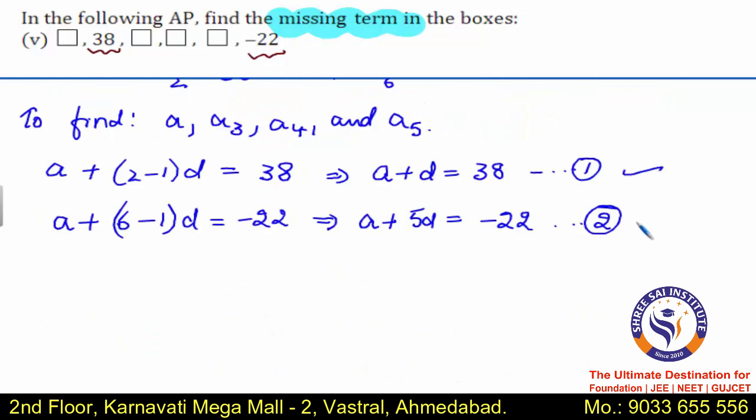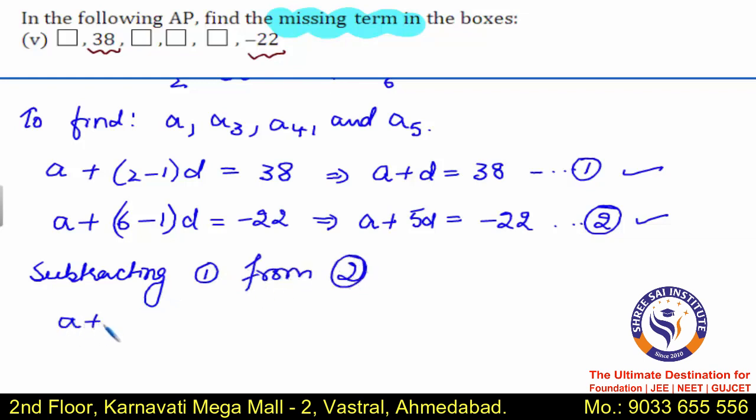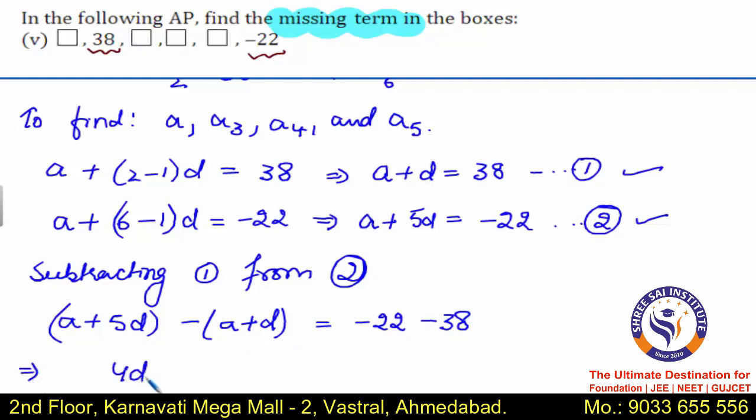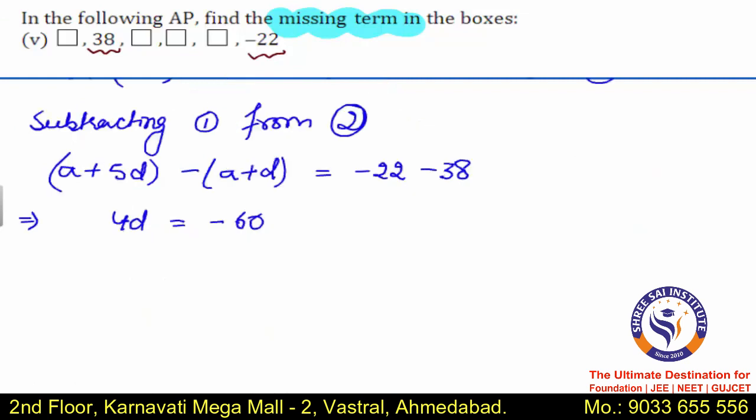Now, we will be solving equation 1 and 2 for the values of A and D. Subtracting equation 1 from equation 2, we have A plus 5D minus A plus D on the left hand side, and on the right hand side we have minus 22 minus 38, and this implies 4D is equal to minus 60, which further implies D is equal to minus 15.